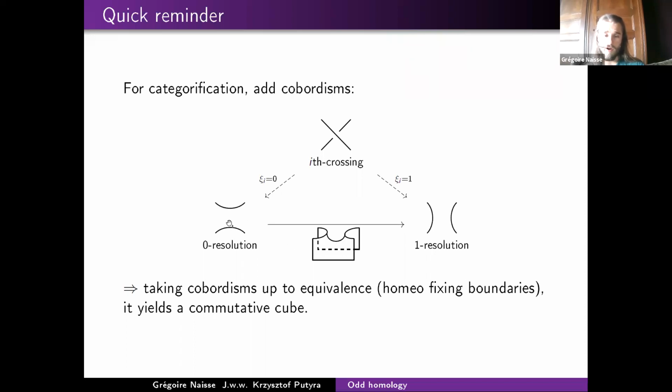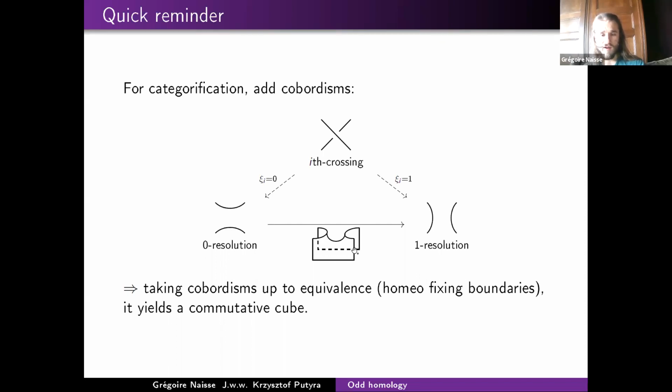saddle point over here. So again, you need to think of this diagram here inside a huge resolved link diagram, so a huge collection of circles. And everywhere you just take the cobordism given by the identity, except there where you put a saddle like this.